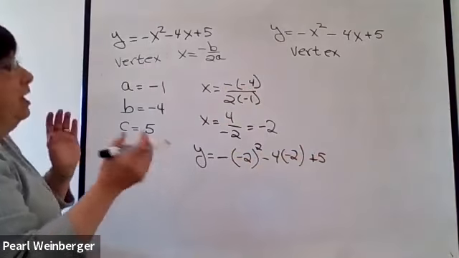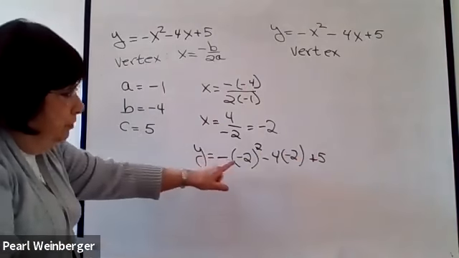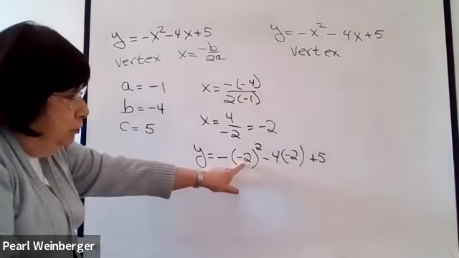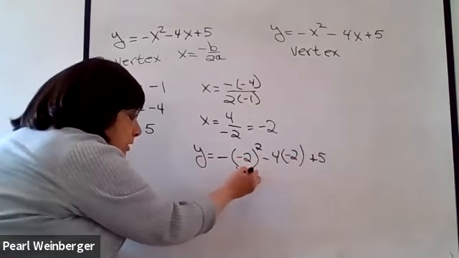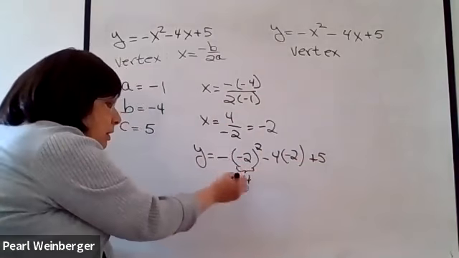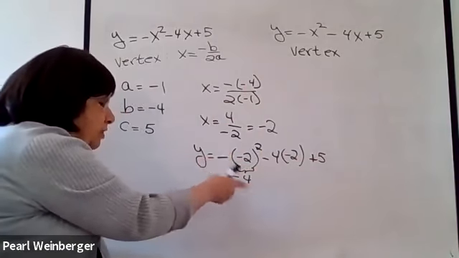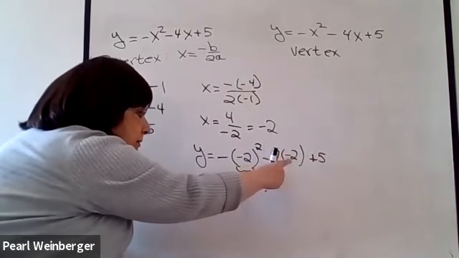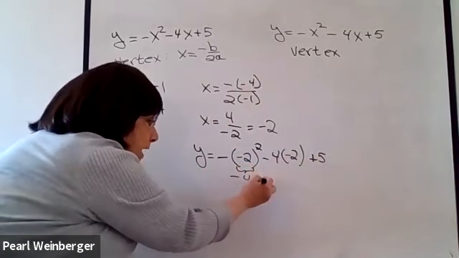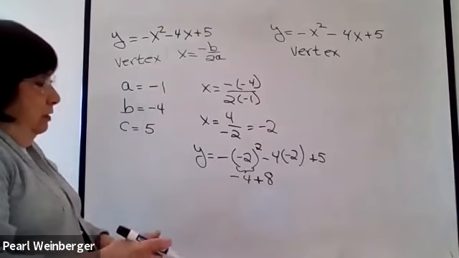Okay, now I just have to be careful. This is not hard. This is a matter of being careful. Remember, -2 times -2 is +4. So -2 squared is 4. So this becomes a -4 because there was a negative in front of that parenthesis. This is -4 times a -2, which is +8 because a negative times a negative is positive.